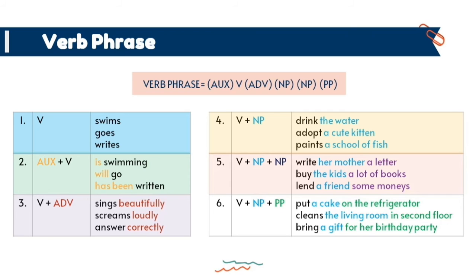And the last is verb combined by noun phrase and prepositional phrase: put a cake on the refrigerator, cleans the living room in second floor, brings a gift for her birthday party.